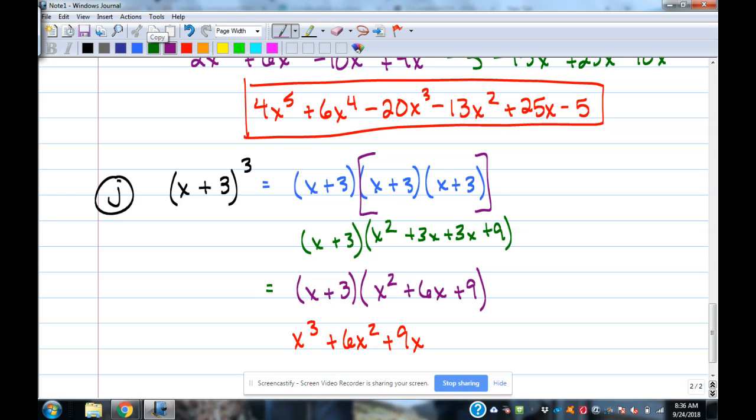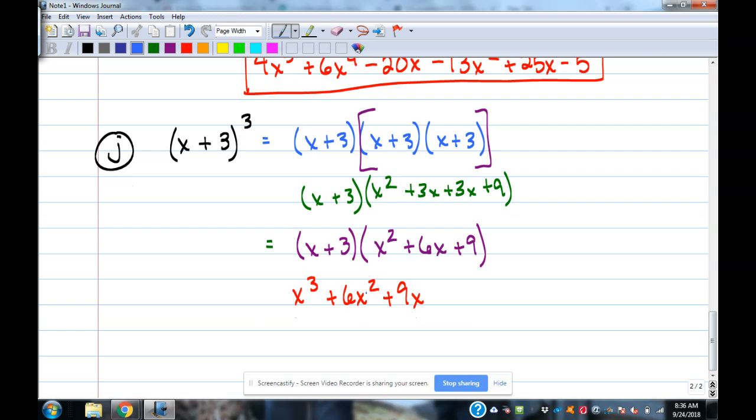And then distribute the 3. 3 times x squared, 3x squared, 3 times 6x, 18x, 3 times 9, 27. And that's a positive 3x squared, so it's like a plus sign in front of it.